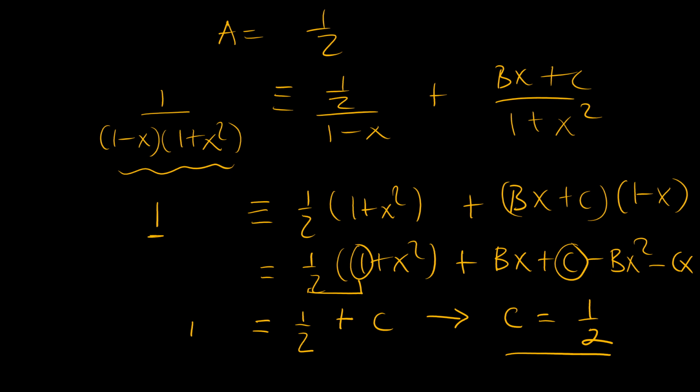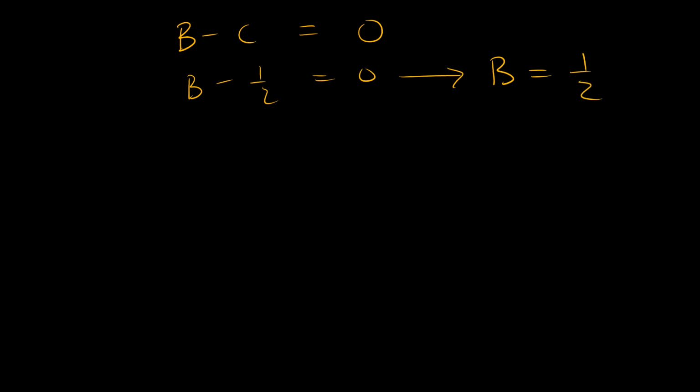Now, since the constant for x on the left hand side is 0, and we have c here being a constant for x, and we have b here being a constant for x, we can say that b minus c equals 0. And we know c to be a half, so b minus a half equals 0, meaning that b also equals a half.